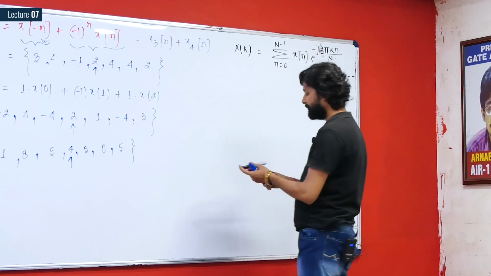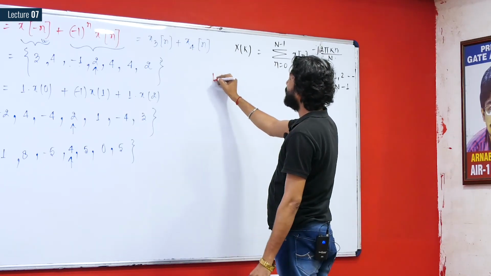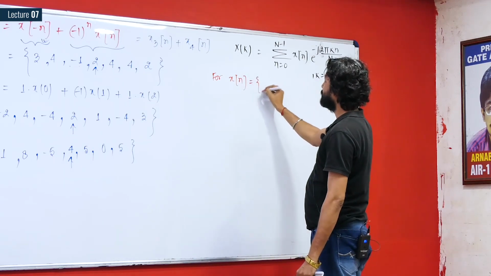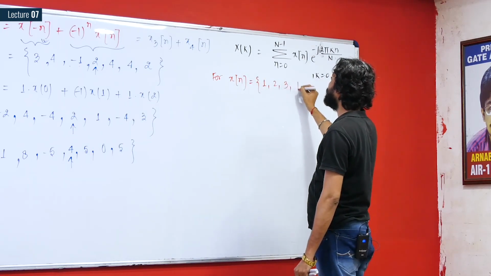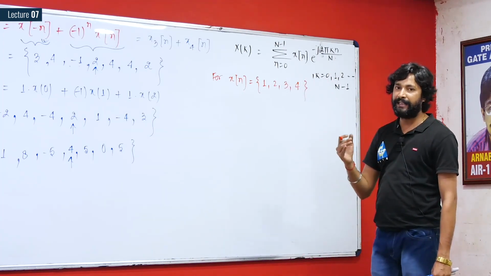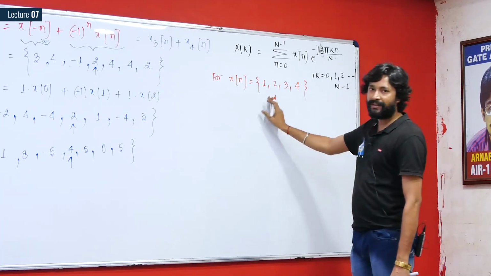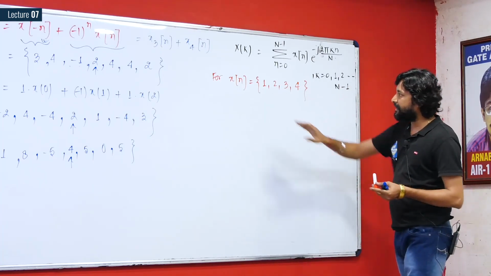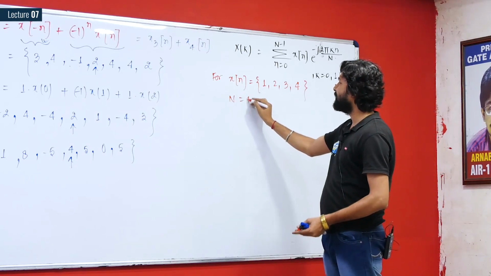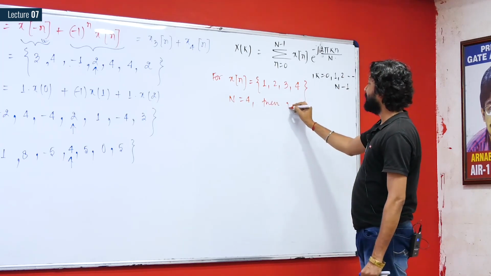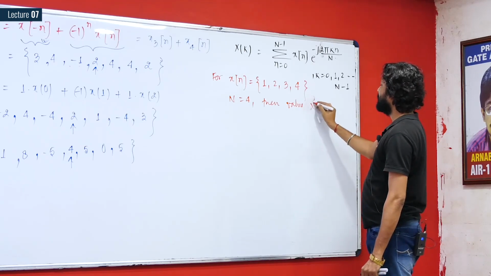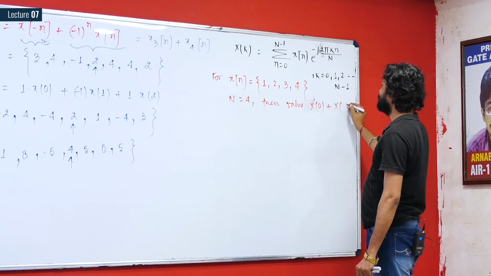So if it is given that x[n] equals 1, 2, 3, 4, we are just trying to find out the application of whatever we are studying with the same instance. Just to clarify your doubts, we are saying that x[n] is this value, and N is equal to 4.